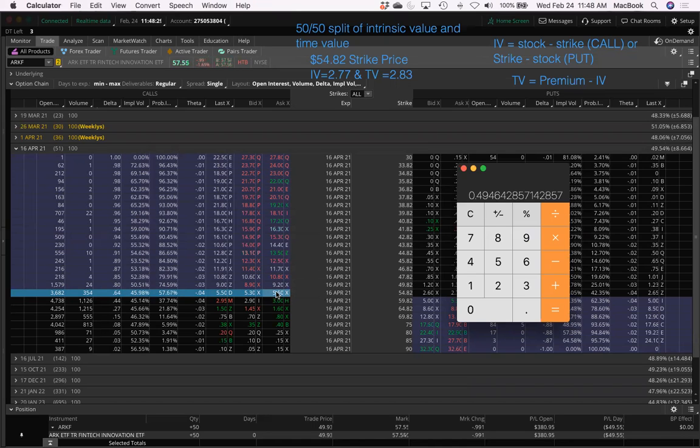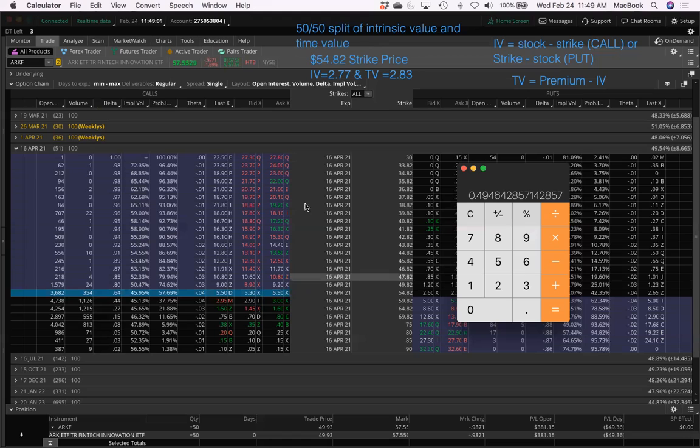And so why do they go with wanting the 50-50 split? It's because there is still intrinsic value, meaning actual value baked in to selecting this strike price, meaning that, again, the intrinsic value between the price of the stock and the price of the option is $2.77. So that means that, let's say this stock stays flat or goes up, comes down, comes back up.